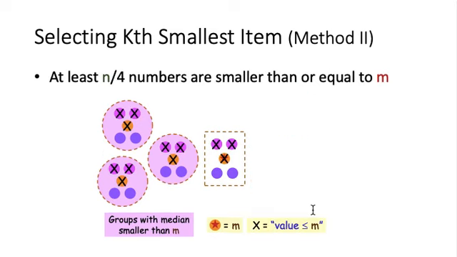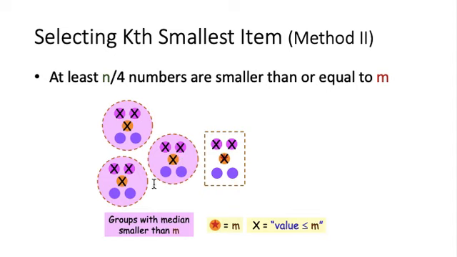Now we claim that this median M is actually a very good pivot. Let's see why. Let us focus on the median of medians M. These two numbers are smaller than M, because they are in the same group. The medians of all the left-side groups are smaller, because M is the median of the medians.